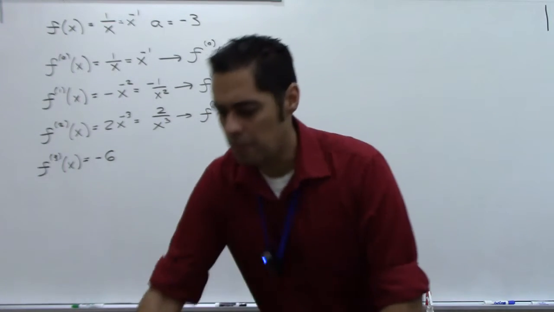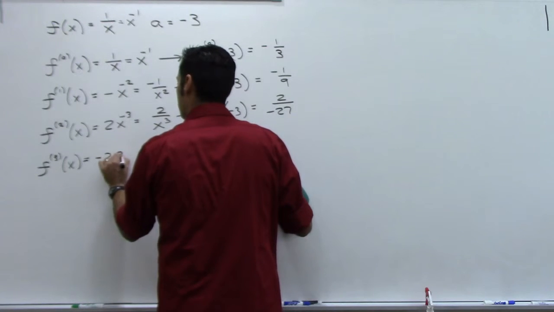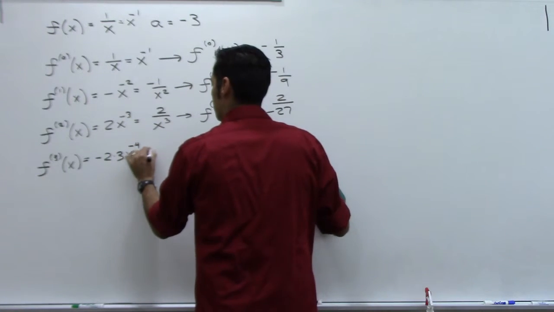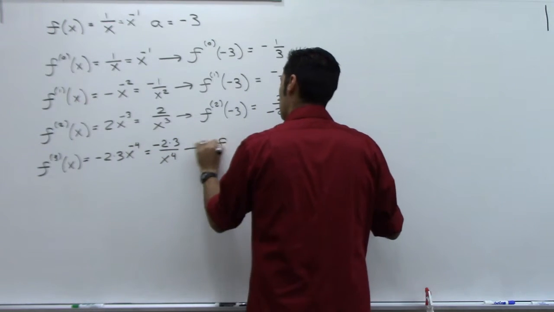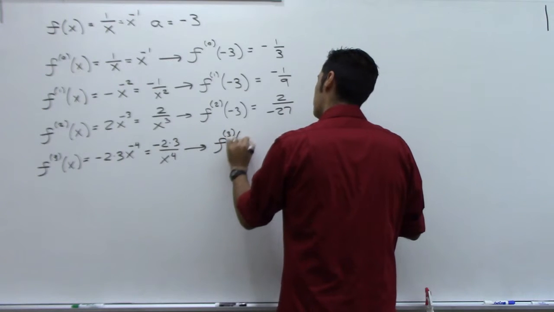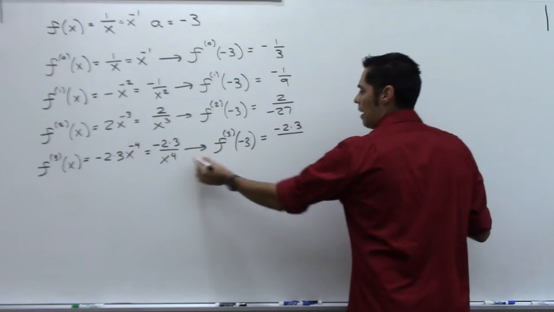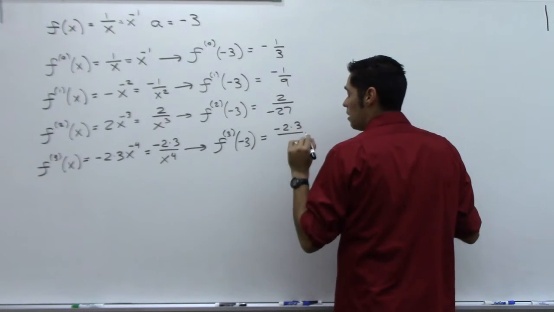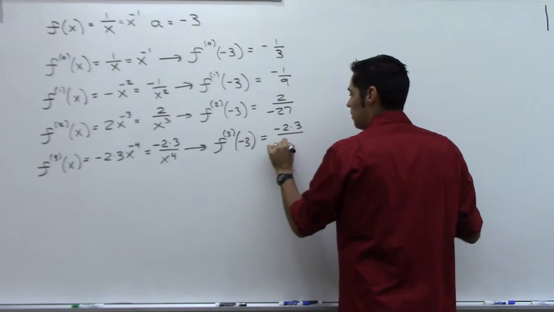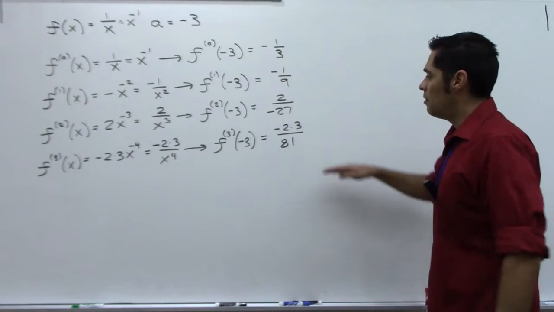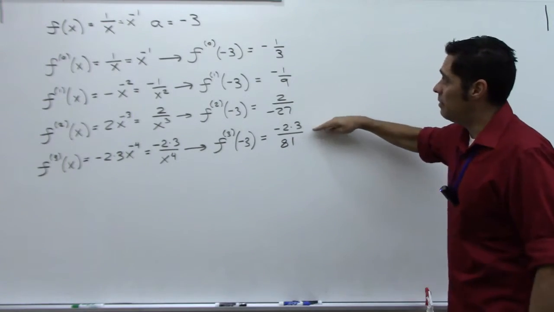Let's see, when we do the third derivative, we get negative 6. Or actually, I'm going to do what we did before, because I know where that's headed. Negative 2 times 3, x to negative 4. That's negative 2 times 3 over x to the 4th. When I plug negative 3 in there, on the top I have negative 2 times 3. On the bottom I have negative 3 to the 4th power. So that's negative 3 times negative 3 times, it's going to be positive, and it's going to be 81. But we're already noticing that all the denominators are always just powers of negative 3. So again, I have a negative number.